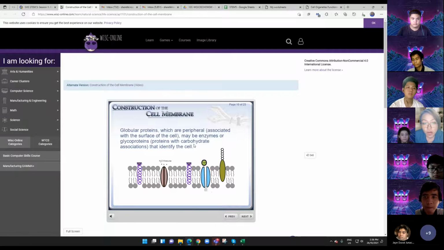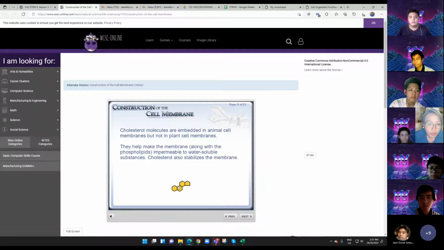A protein with carbohydrates association that identifies the cell. So meaning target, let's say pananglitan, naa kay sakit. But ang sakit i-target dito ra dapit sa kaninga organ. Kani siya para makaadto sa specific na organ, kana siya ang himuon na receptor cell para ma-target immune therapy.